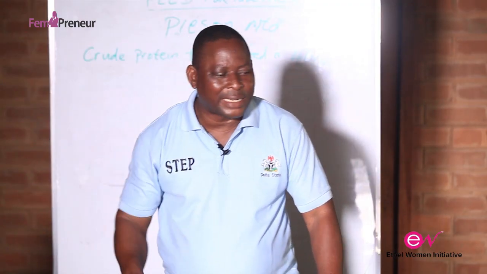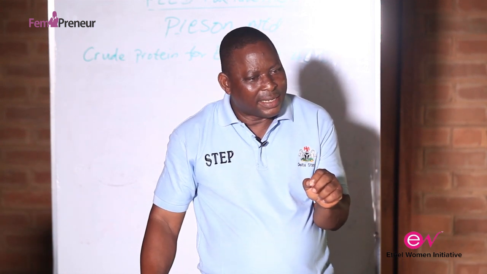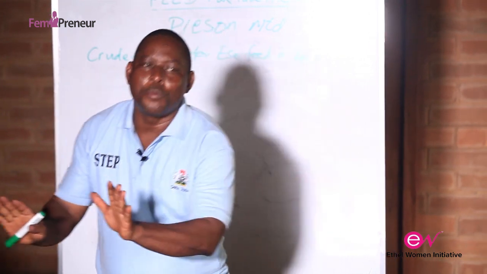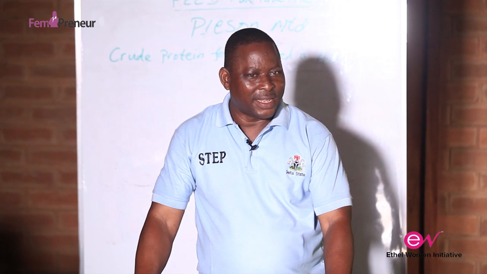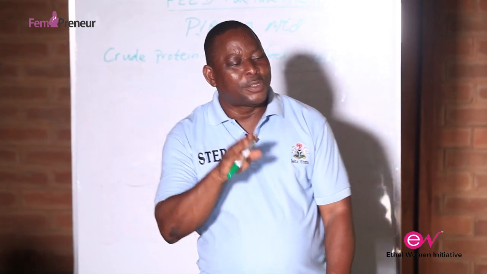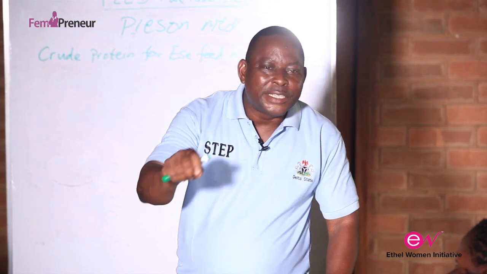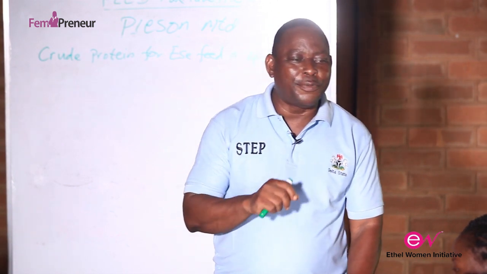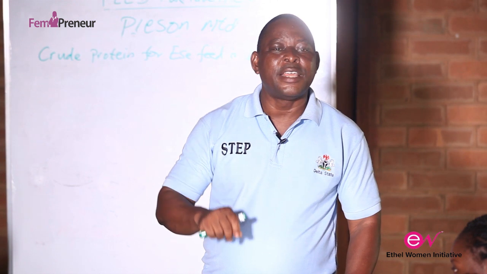Some of these raw materials, their contribution is so limited that what soya will contribute will augment for the shortage. Are you with me? That is what I mean by soya cares for the limiting amino acid in other cereals. And so that is the simple reason. When you are formulating feed for all animals, soya is very important.